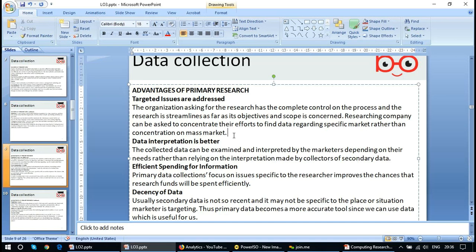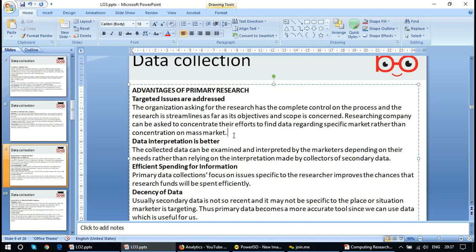For example, with the views of customers taken from secondary data, they might not have done good research. But if the data is collected by yourself through a marketing survey, then you will produce the correct interpretation, isn't it?